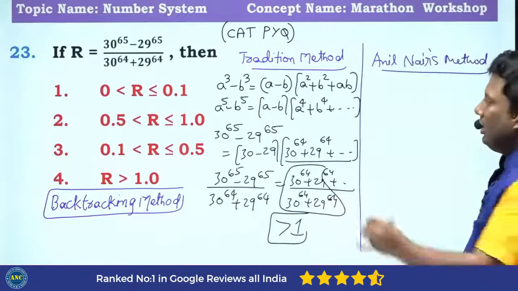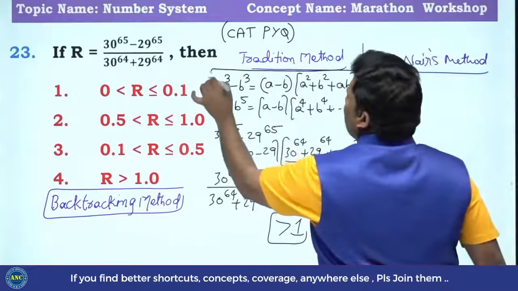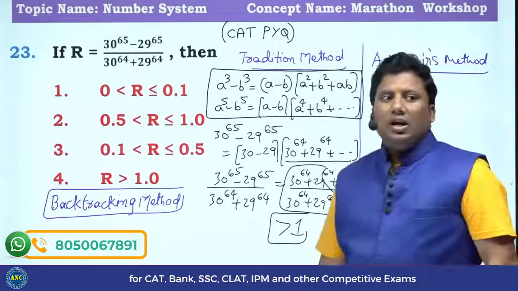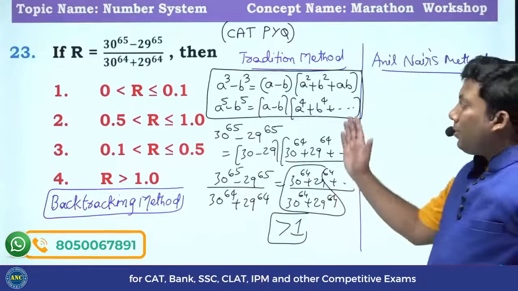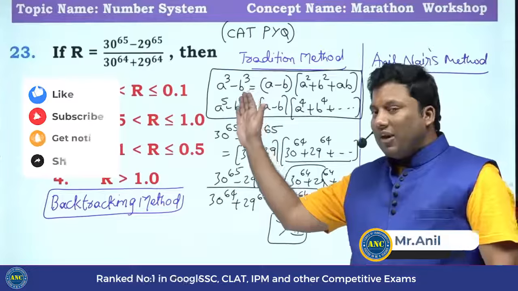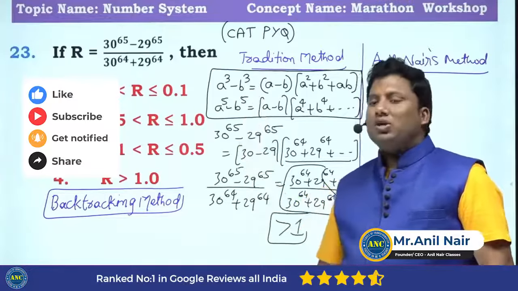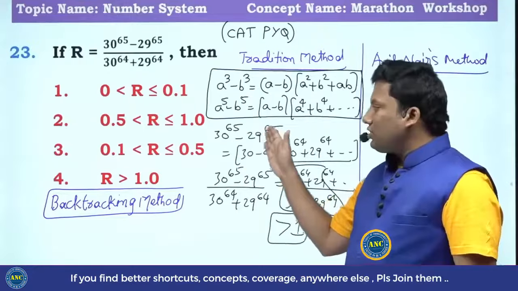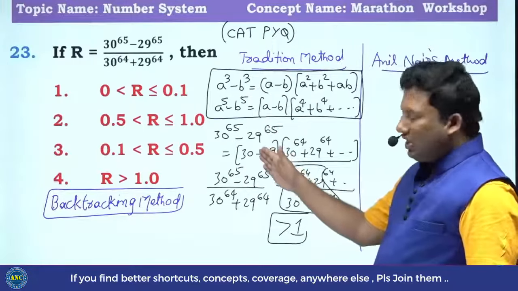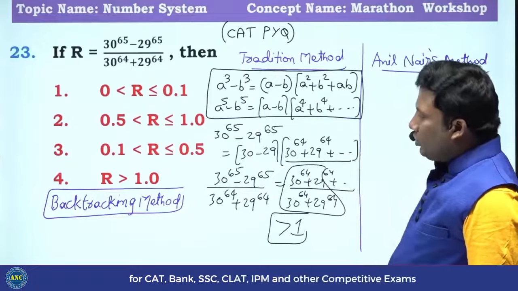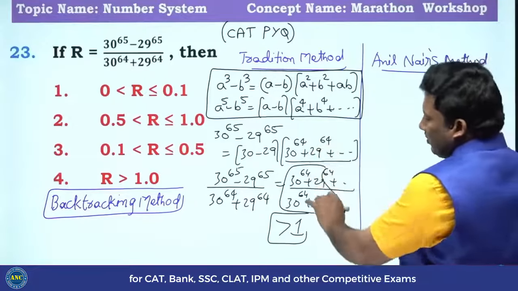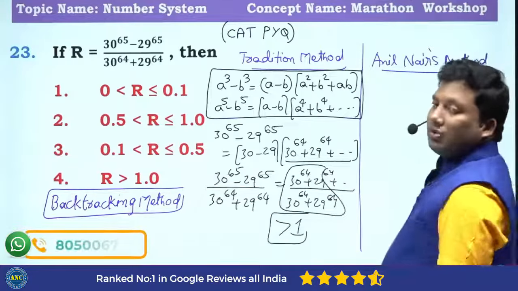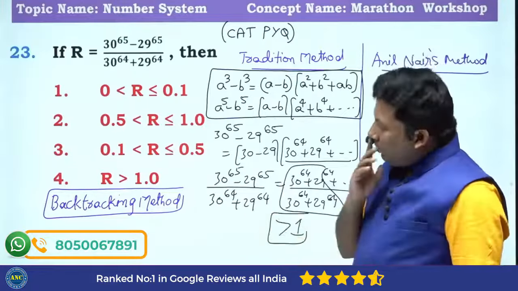I hope it is clear. This is based on the algebraic identities. A cube minus b cube is a minus b into a square plus b square plus ab. When the power is odd, a power 5 minus b power 5 is a minus b into something. So 30 power 65 minus 29 power 65 is 30 minus 29 into something. If I divide it, these will get cancelled, leaving 1 plus something, which is positive, so it is greater than 1. I hope it is clear.